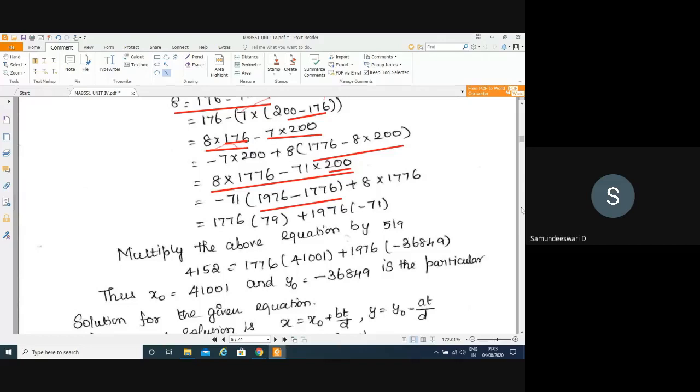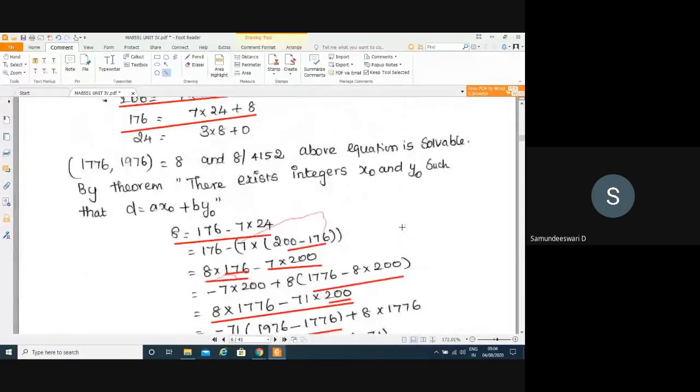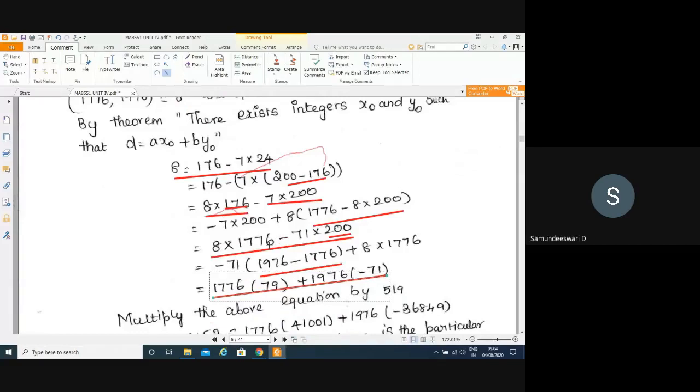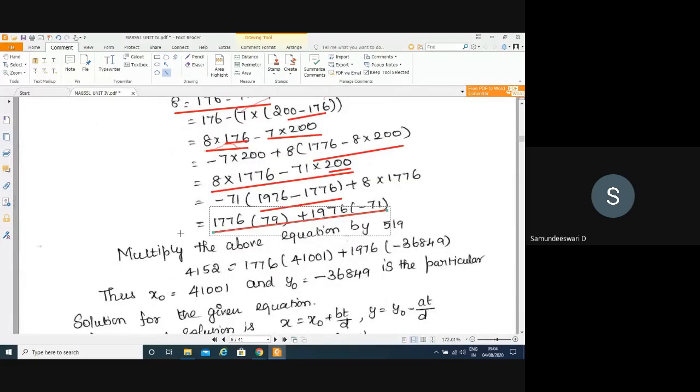So 79 into 1776 plus the first term as it is, 1976 into minus 71. Now it is of the form d equal to some value into a plus some value into b. That value is 79 into a plus minus 71 into b, right?